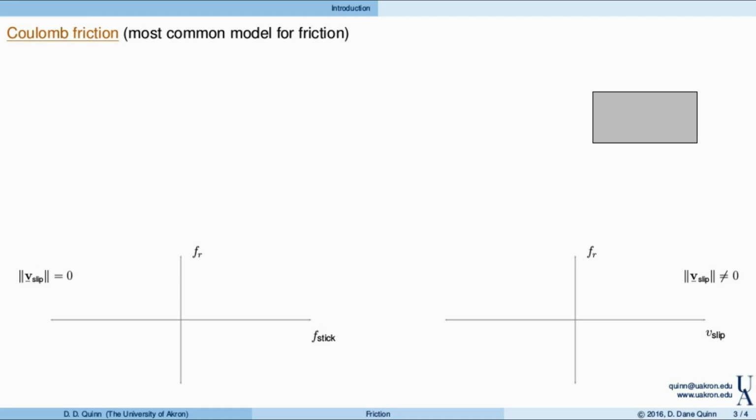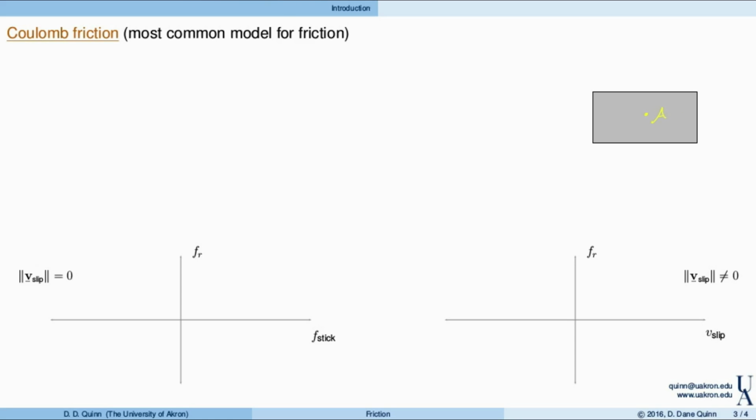Again, the model that we most commonly use for friction is known as Coulomb friction. In order to define Coulomb friction, we need a couple of different things. In particular, let's look at this block, which was in the previous picture, block A, the upper block.